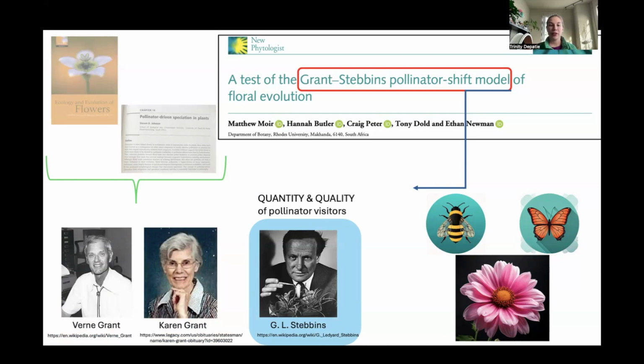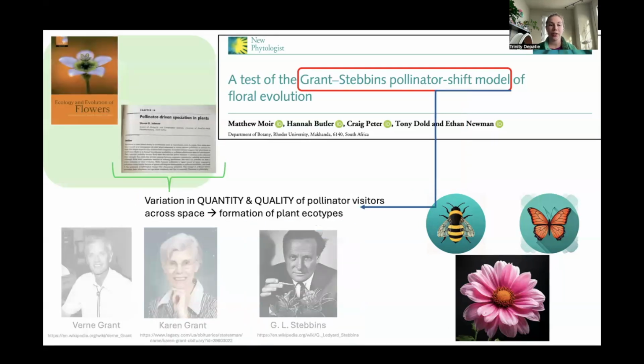So, bringing this all into the context of combining these two theories that focus on quantity and quality of pollinator visitors, Steven Johnson combined these theories and said, okay, the Grant-Stebbins pollinator-shift model is when there is variation in both quantity and quality of pollinator visitors across space.